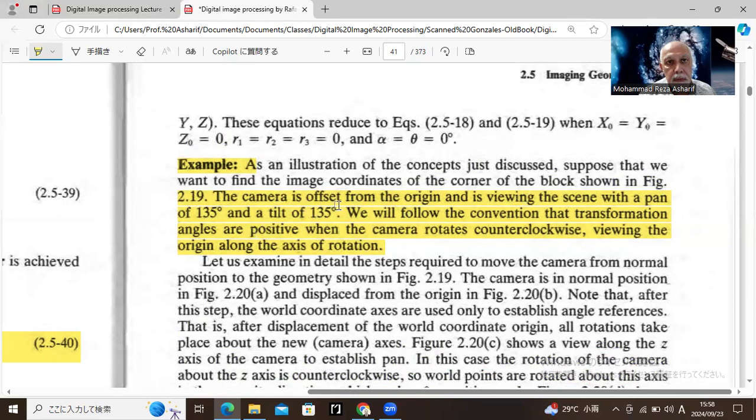The camera is offset from the image, and the transformation is counterclockwise viewing from the origin.